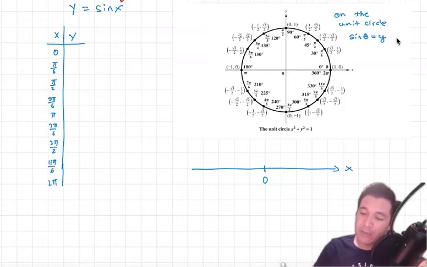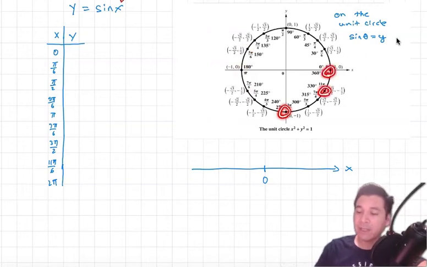So notice all I'm doing here is I'm starting off at 0, of course, then pi over 6, and then pi over 2, and then 5 pi over 6, and then pi, and then 7 pi over 6, 3 pi over 2, 11 pi over 6, and 2 pi. So I'm picking some sample points in each quadrant along with the quadrantal angles just to give me an idea of what the shape of the graph is going to look like.